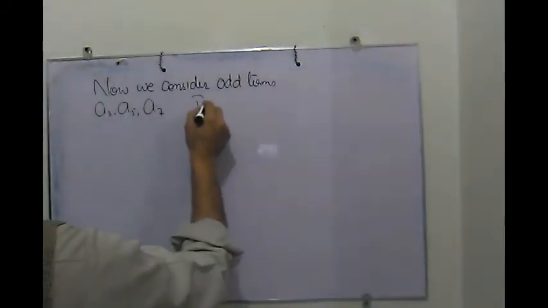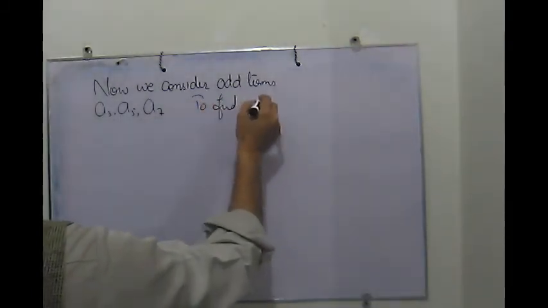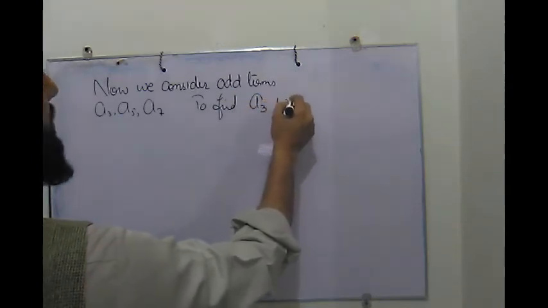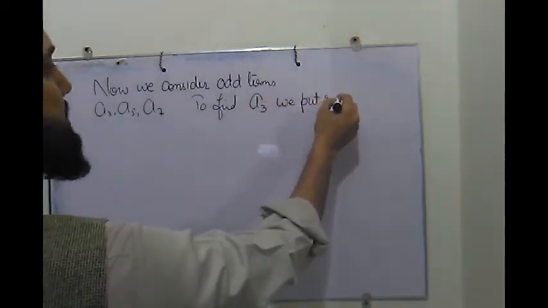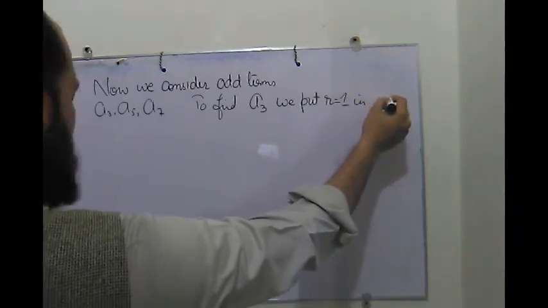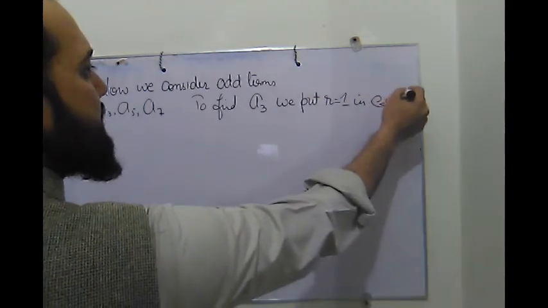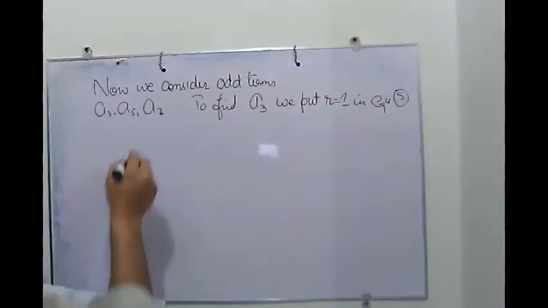So to find a3, we put r is equal to 1 in equation number 5, the general equation we have for the coefficients.